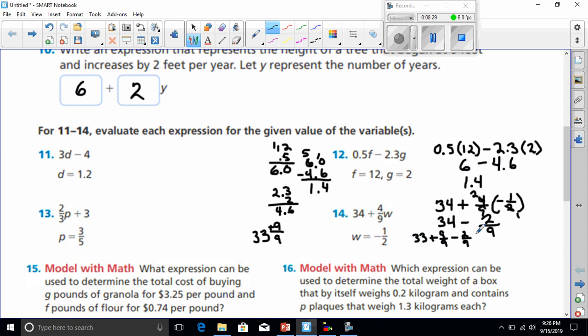And if we did that, we could see that 9 minus 2 is going to give us, I'm sorry, that is incorrect. We don't need that plus sign there. It is 33 and 9 over 9.